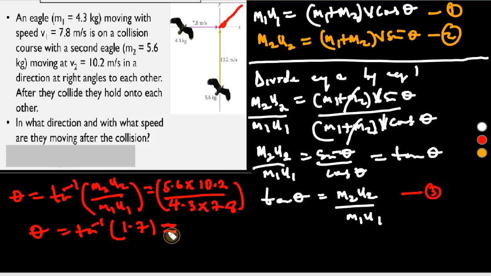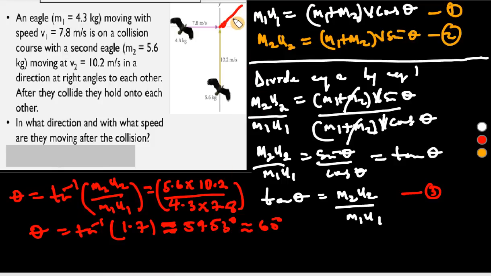If you choose to write it the way you find it, you have 59.53 degrees, which we can round up to 60 degrees to the nearest 10. So the angle is 60 degrees.